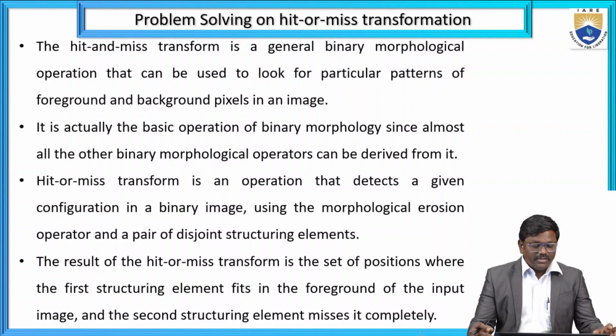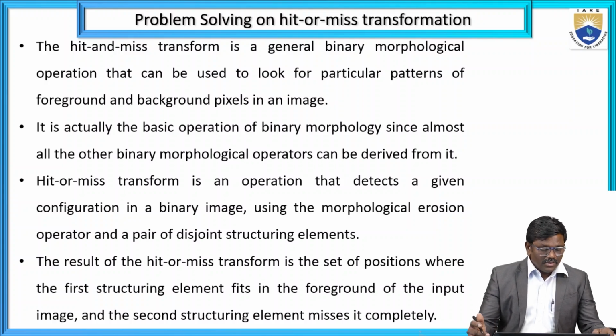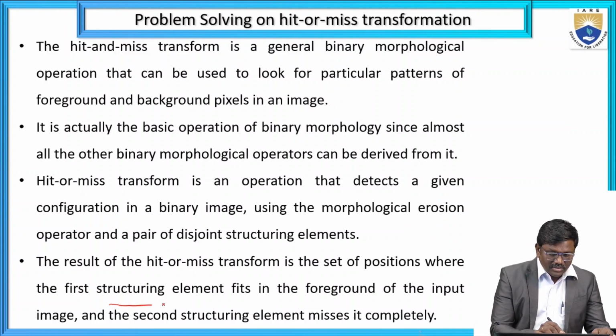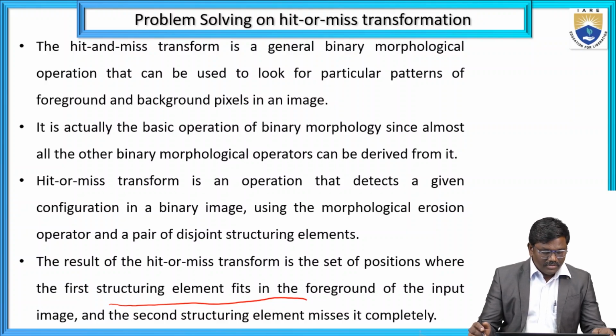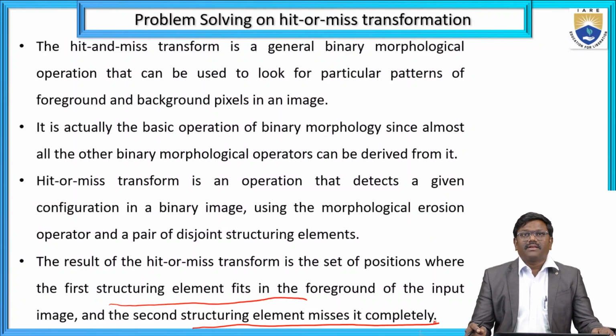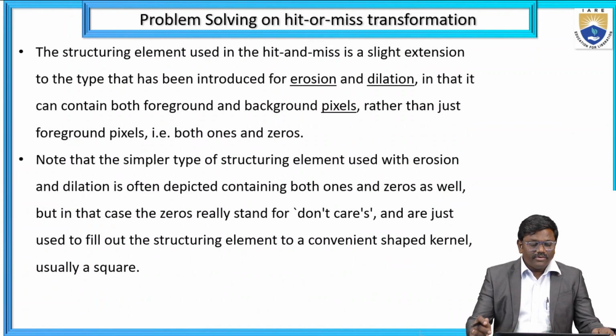The result of the hit or miss transformation is the set of positions where the first structuring element fits in the foreground of the input image, and the second structuring element misses it completely. So we have to go through this.